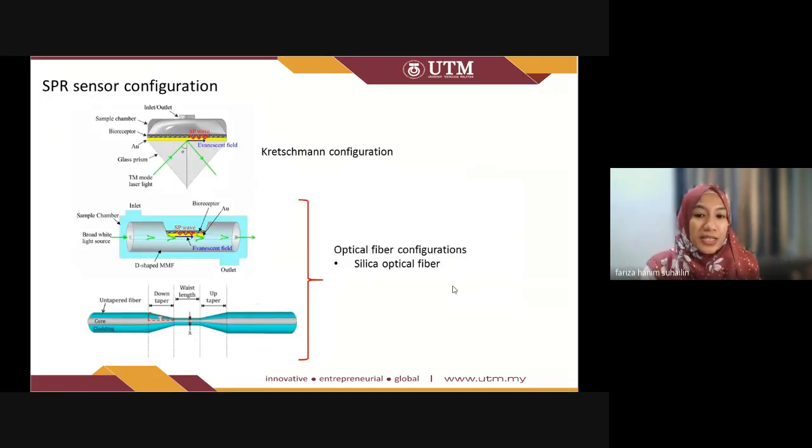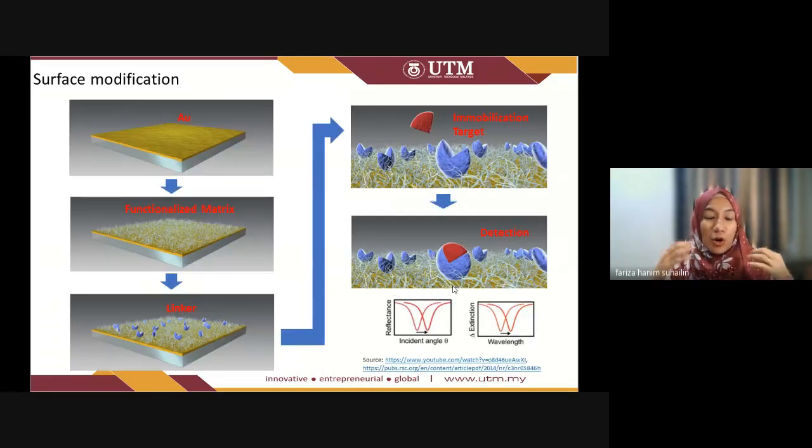So sensor configuration, as I explained, we can use D-shape, we can use tapered optical fiber, coat them with the gold, and then in order to achieve immobilization of probe DNA and also target DNA hybridization, we need to functionalize the gold layer using a self-assembly method, where, for example, here by a self-assembly method, we have a chemical functionalization group, which enables the immobilization of the biomolecule probes.